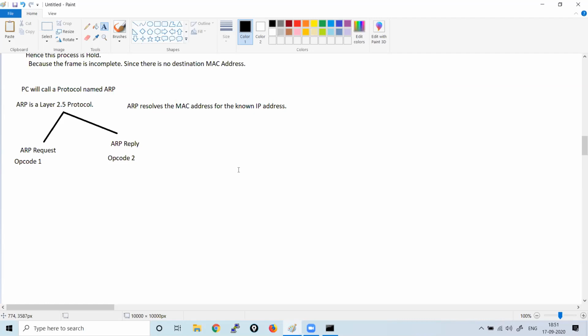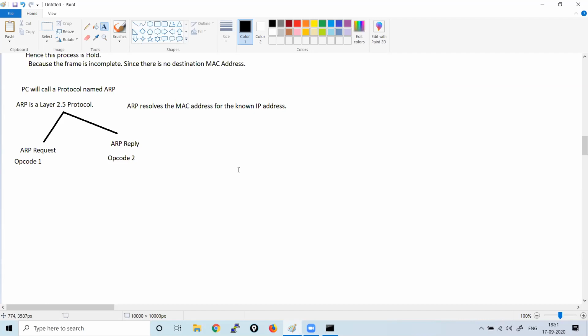It only knows that it is an IP address, and it needs to get the MAC address for that IP address. Am I clear with this thing? So it treats source IP address and destination IP address as the same thing. The job of ARP is to resolve the MAC address for the IP address. That's all.